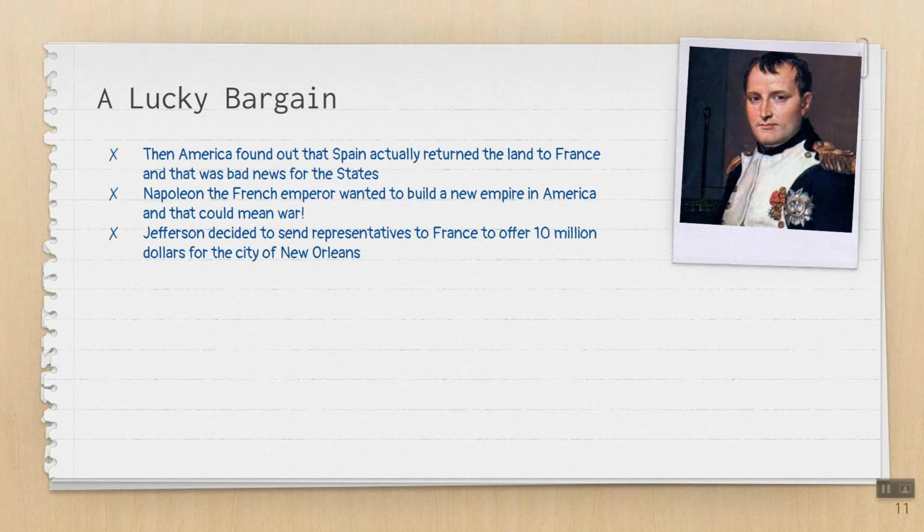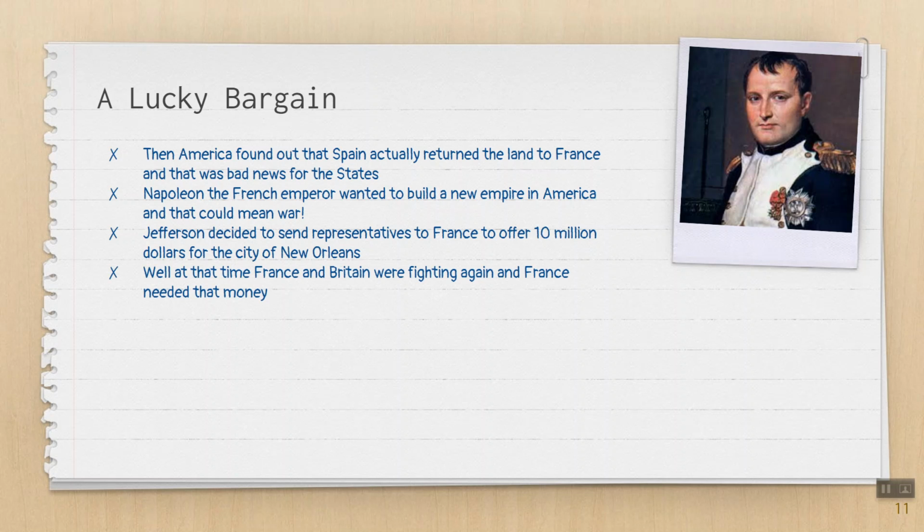In fact, I don't think it even occurred to him about that whole territory. But he knew the farmers needed that port city of New Orleans. So he offered $10 million, which seems like a lot of money, but when it comes to purchasing land, this is really not that much.